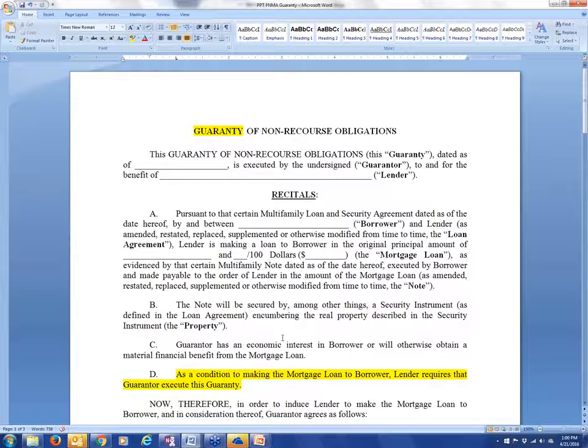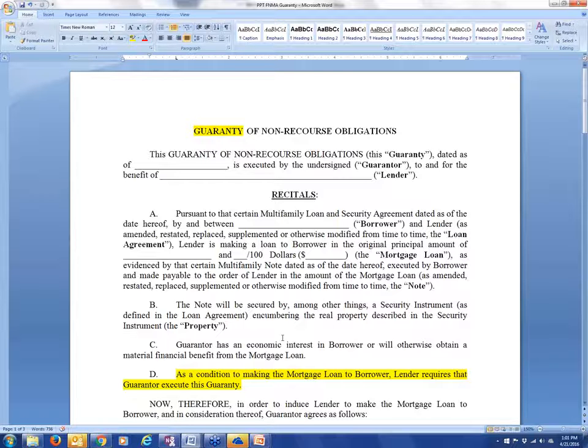What happens then? How can the lender get his money back? Because they're not going to be able to get it back from the LLC. It's empty. Well, what Fannie Mae, in their infinite wisdom, has done is they have made those key principals and all those other people become guarantors.